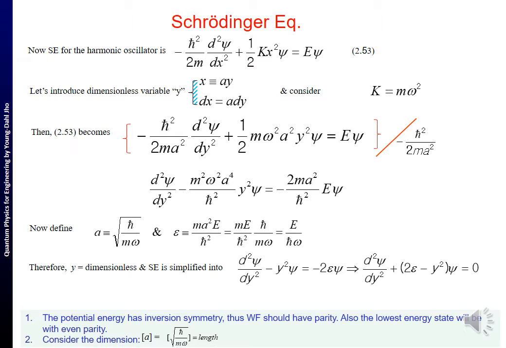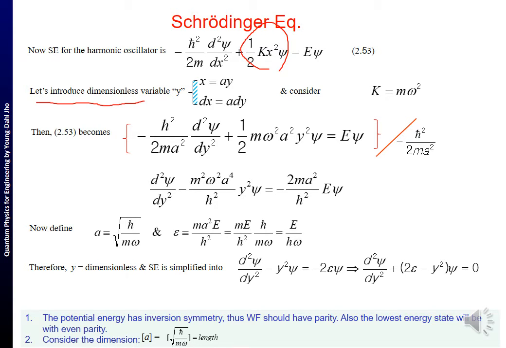Now the Schrödinger equation for the harmonic oscillator is minus h bar squared over 2m d squared psi dx squared plus the potential energy part, 1 half k x squared psi, is equal to energy E psi.